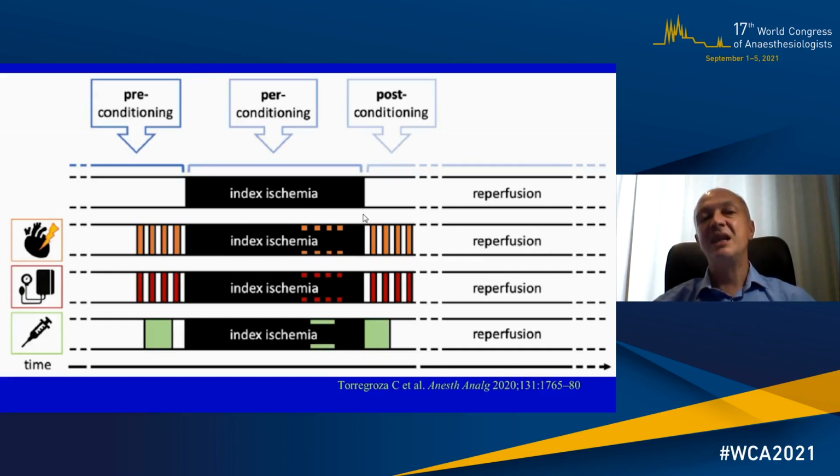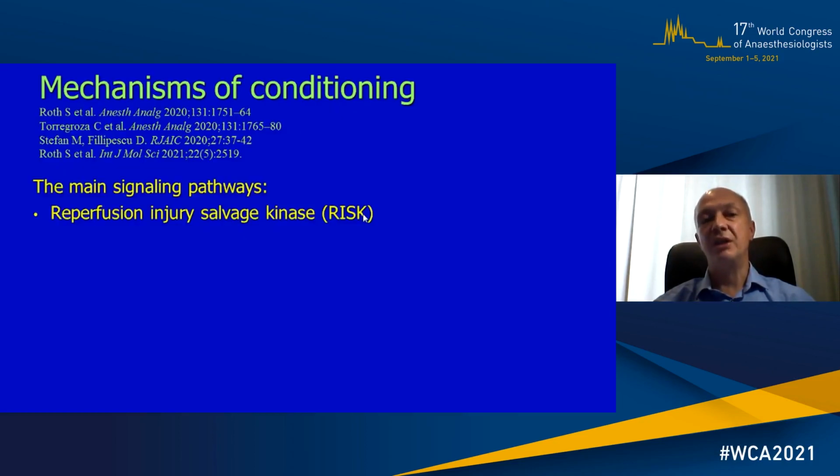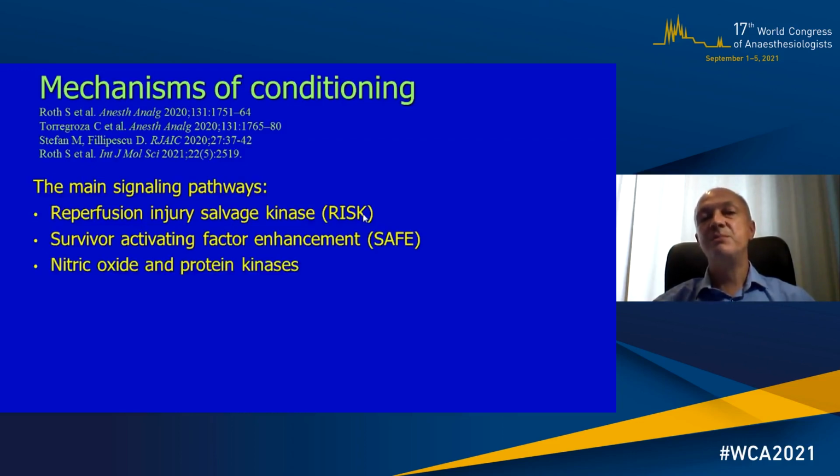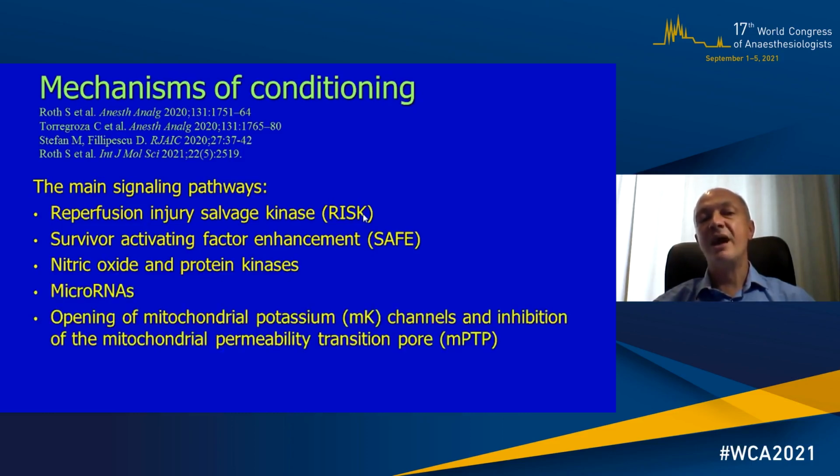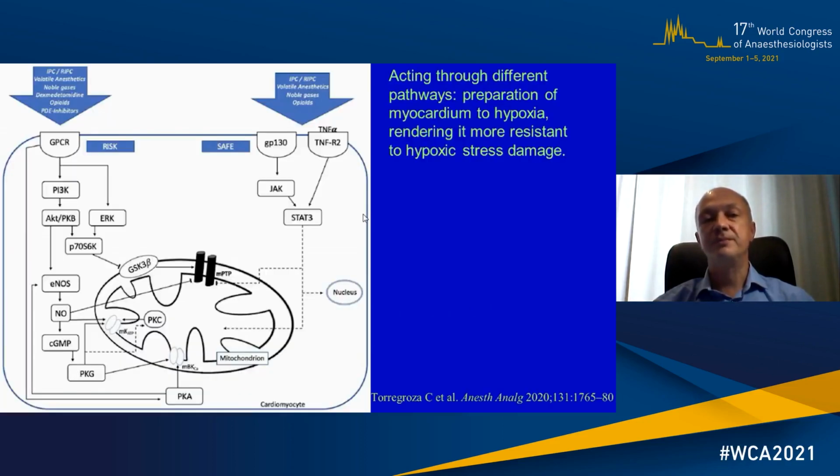The main signaling pathways of conditioning include RISK, reperfusion injury salvage kinase, and SAFE, survivor activating factor enhancement. These pathways will activate nitric oxide synthesis and protein kinases, as well as microRNAs, leading to opening of mitochondrial potassium channels and inhibition of the mitochondrial pores.